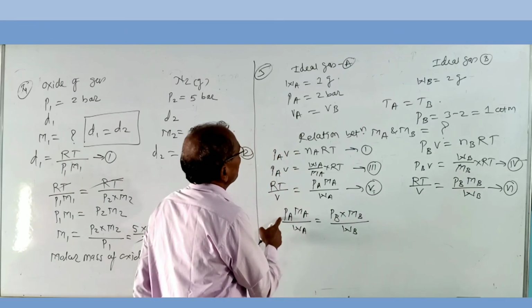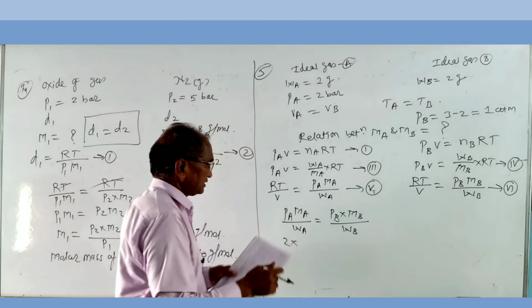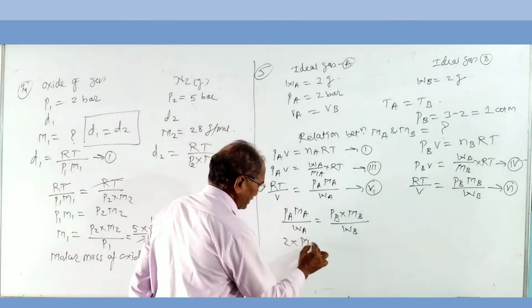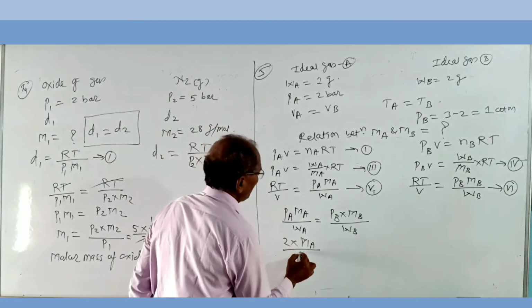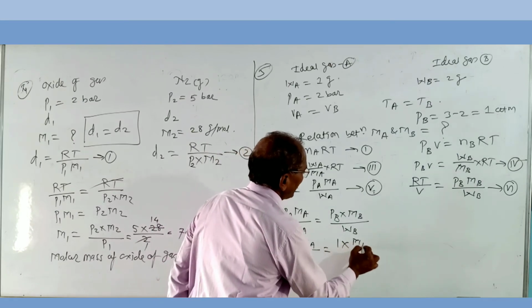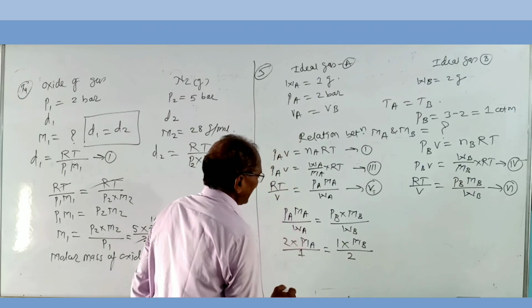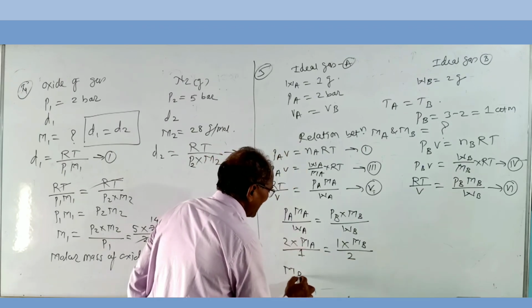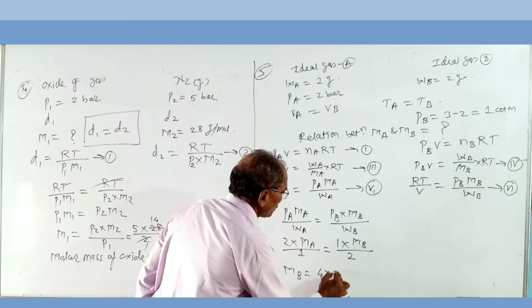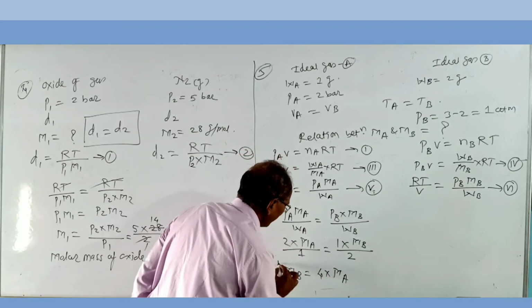Put the values. PA 2 into MA divided by WA 1 is equal to PB 1 into MB divided by WB 2. Then MB is equal to 4 into MA.